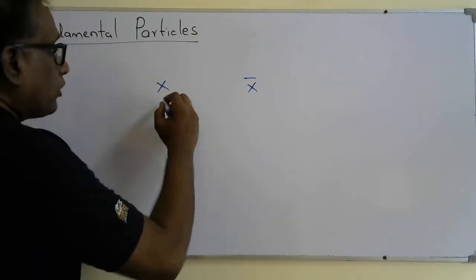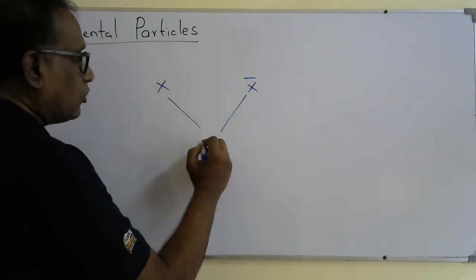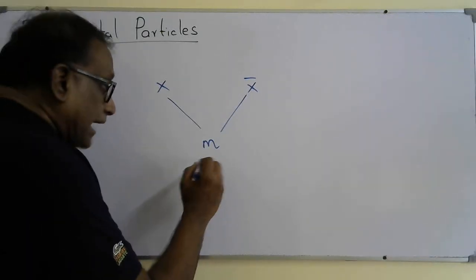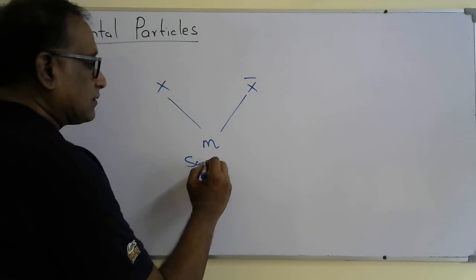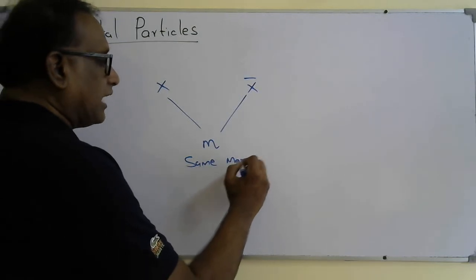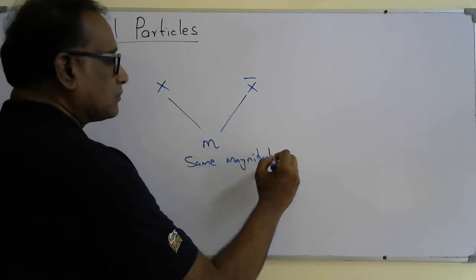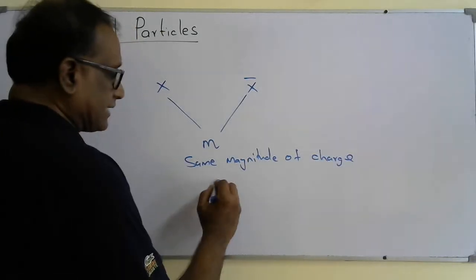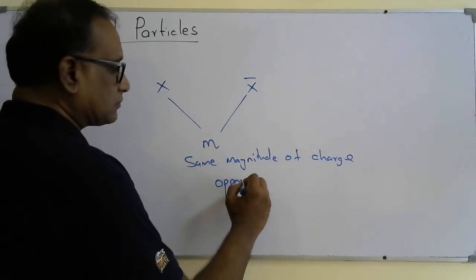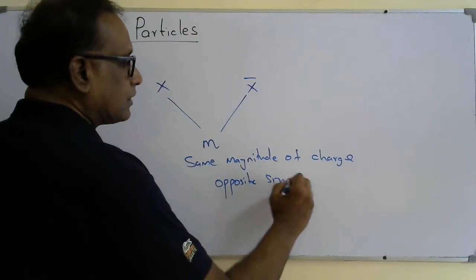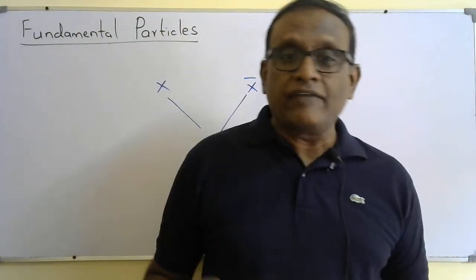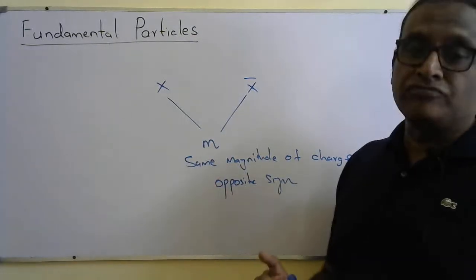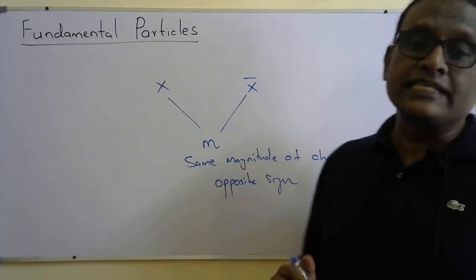A particle and its antiparticle should have the same mass and the same magnitude of charge, but opposite sign of charge.